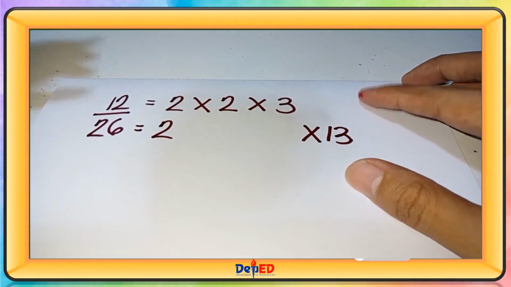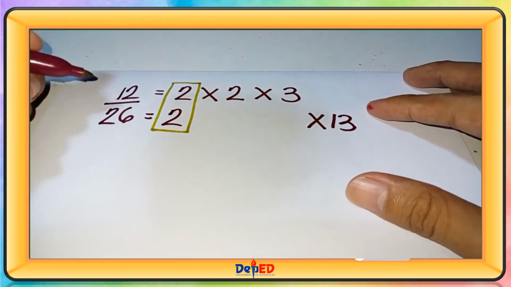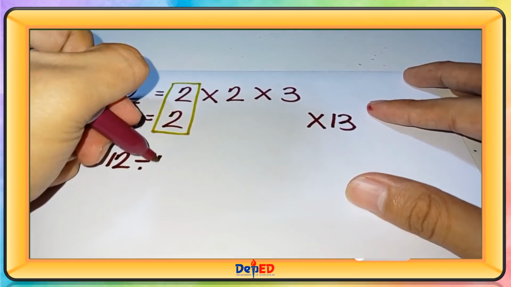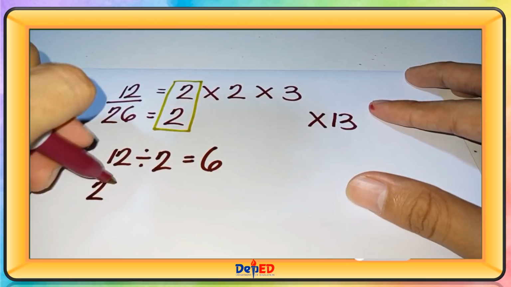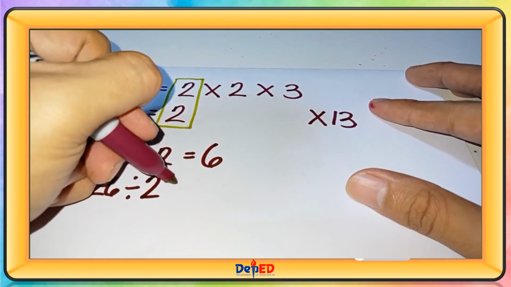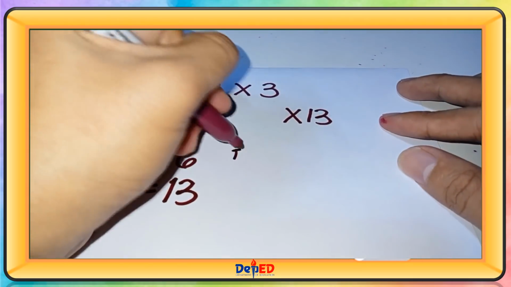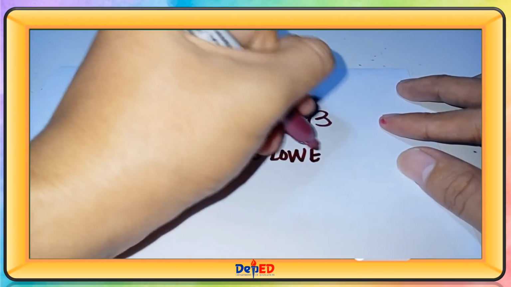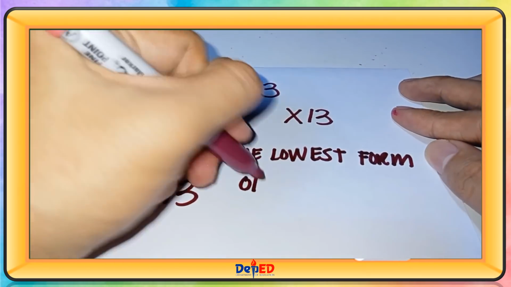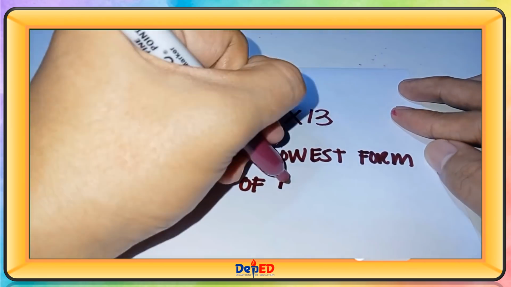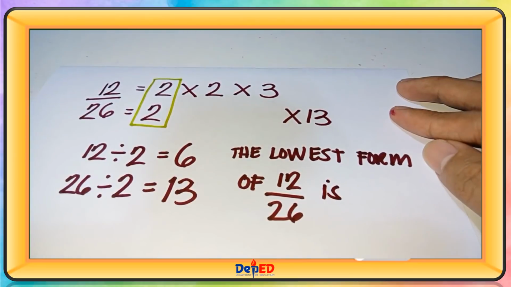We have one common factor, which is number 2. 12 divided by 2 equals 6. 26 divided by 2 equals 13. The lowest form of 12/26 is 6/13.